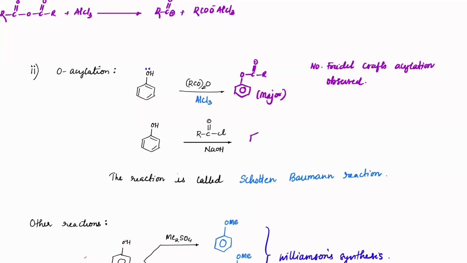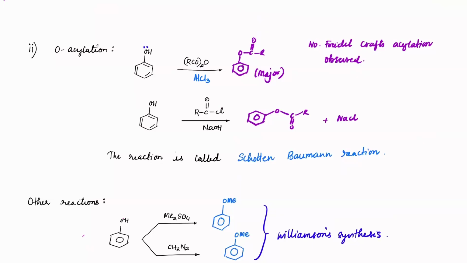Same case goes in the next molecule also. You will have like this with phenoxide reacting. So O, C double bond O and R here plus NaCl. Right. Okay. So in case you take it as NaOH, the chances of making a backward reaction is less, and that is called the Schotten-Baumann reaction. Okay, that's called the Schotten-Baumann reaction.